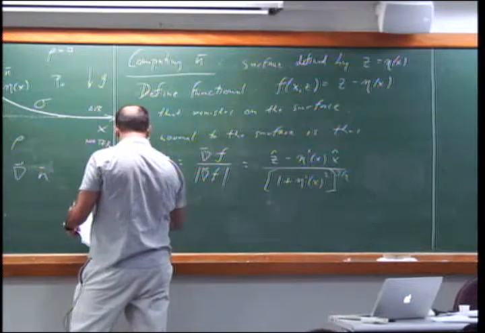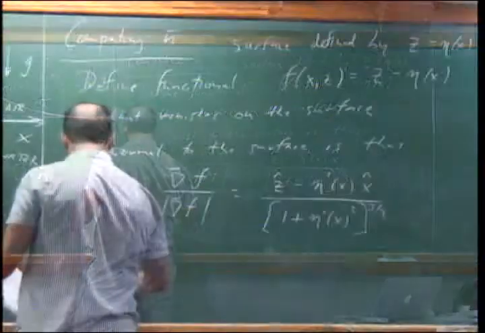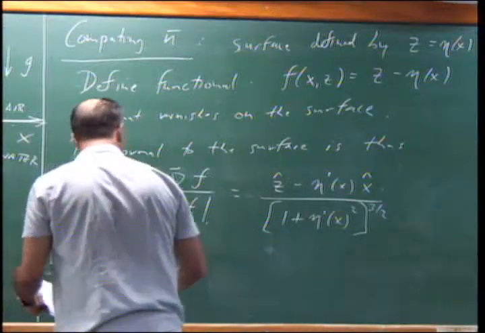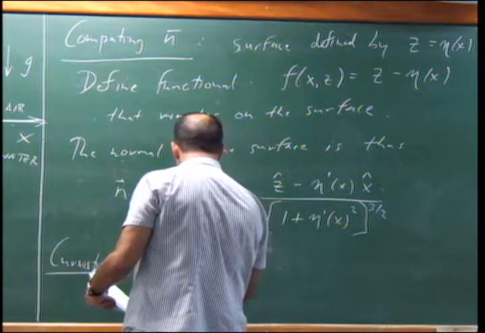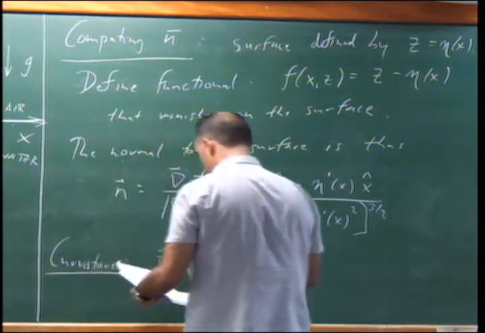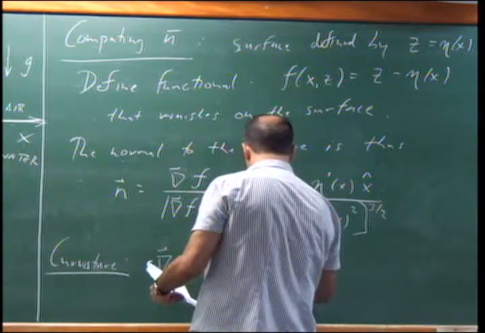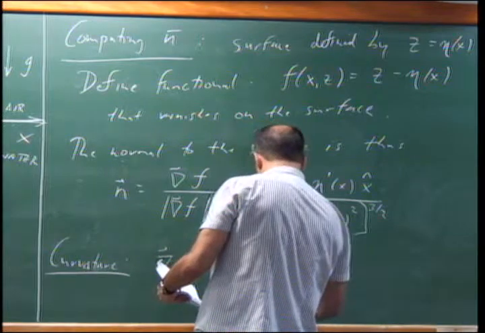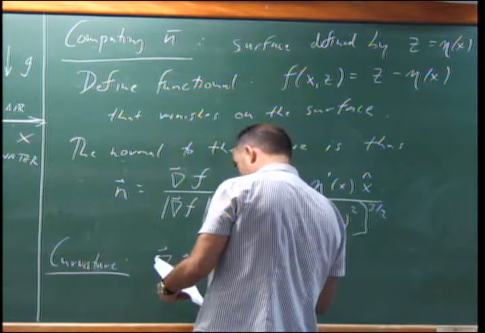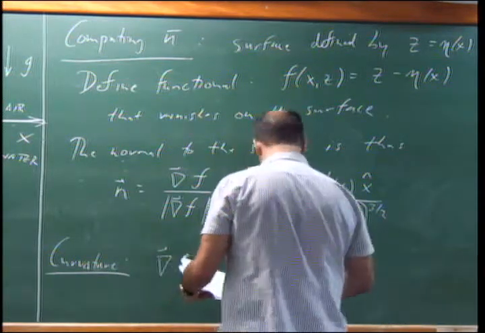So the curvature now, and we see this in the appendix, div of n equals minus nu xx over 1 plus nu x squared. Oh wait, sorry, this is wrong.